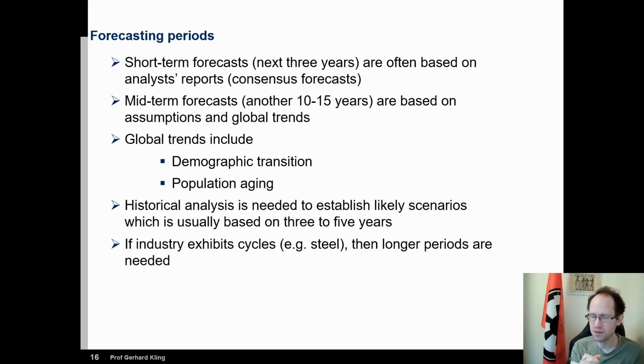What are plausible scenarios in this case, where you might change a whole set of these assumptions. You have to be careful if you are dealing with a cyclical business. Yeah, so here, if you do historical analysis, you need longer time periods to get reliable estimates for cost ratios, for instance.